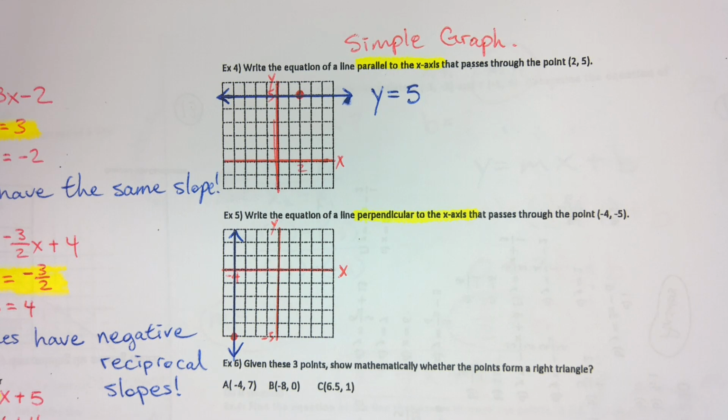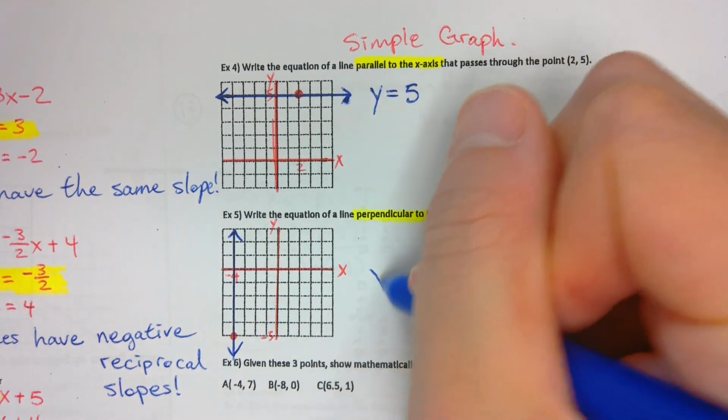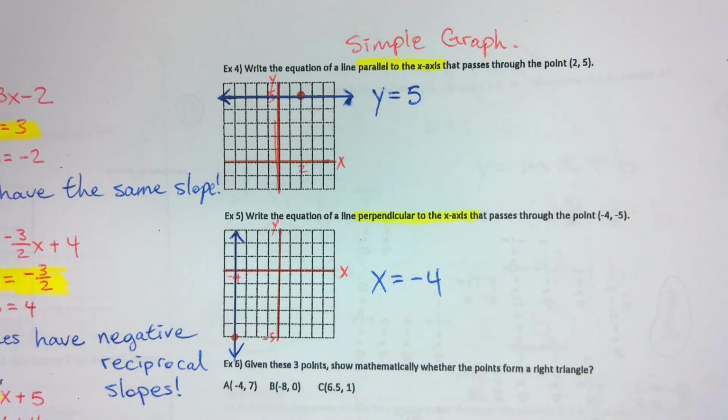Yeah, Ruresh? Yeah, x equals -4. That's it. So again, no calculations. It's just by a simple graph. Okay. I know a vertical line that goes through -4. And since it's a vertical line, it's x equals.